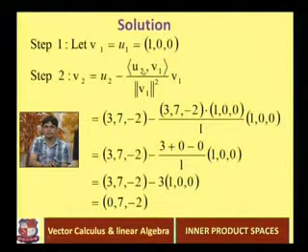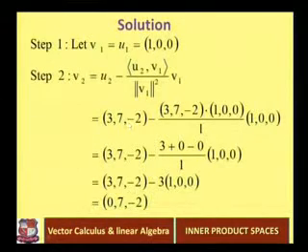So we write u2 comma v1 in this fashion, upon the norm of v1 squared, which is 1, because the norm squared is the sum of squares of the elements of v1, that is 1 squared plus 0 squared plus 0 squared, which is 1, times v1, that is (1, 0, 0). Now simplifying this whole equation, we get (0, 7, -2), that is v2.